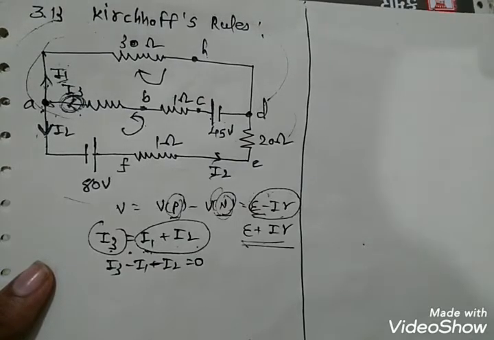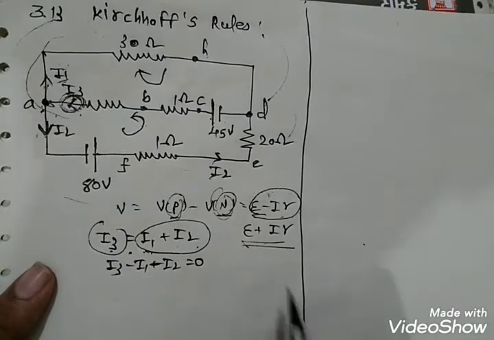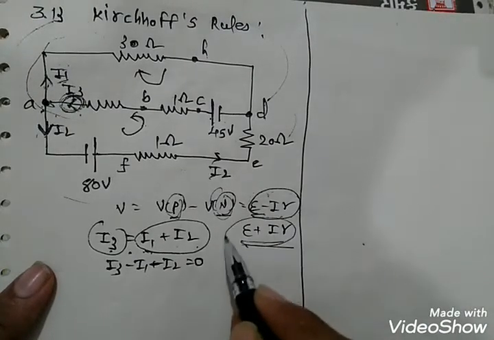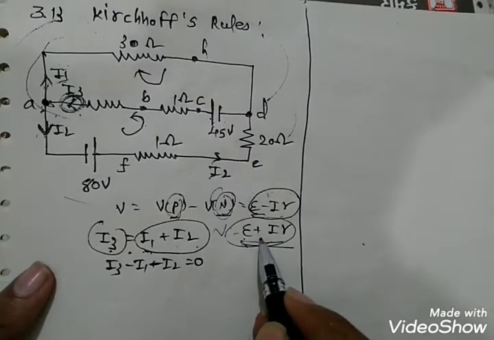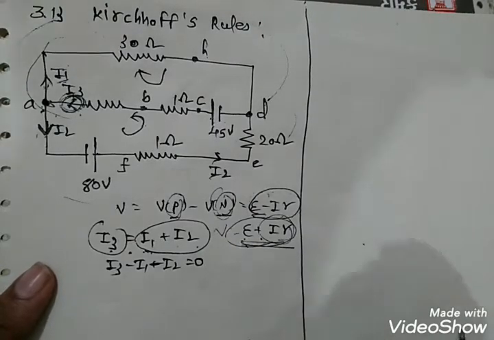But if, when labeling the current I through the cell, it goes from positive to negative, the potential difference V is equal to the EMF E plus IR.